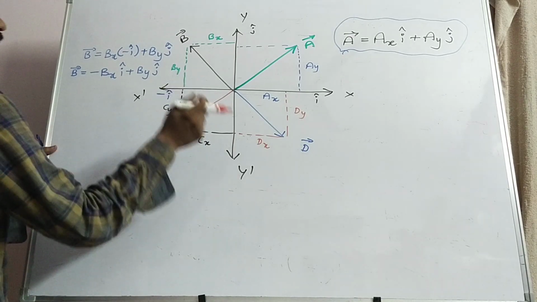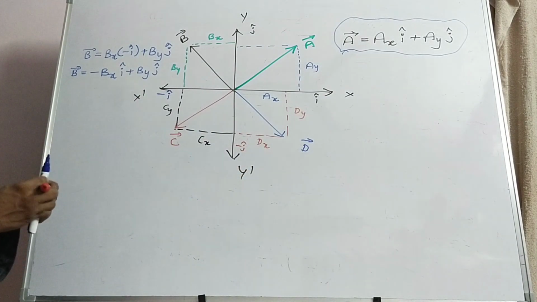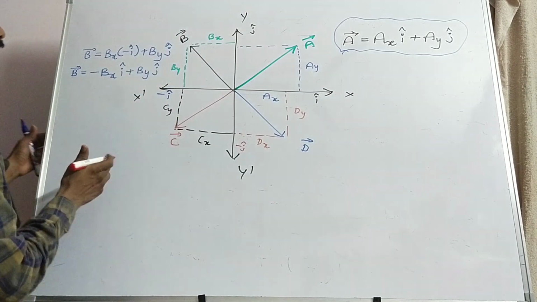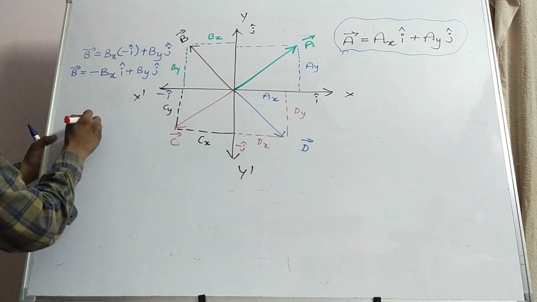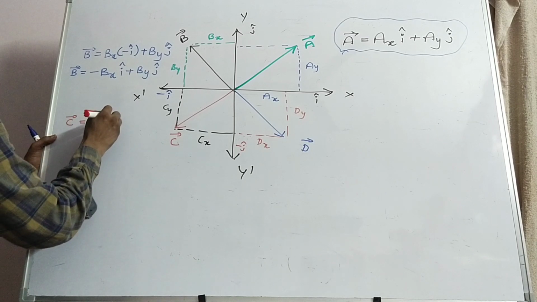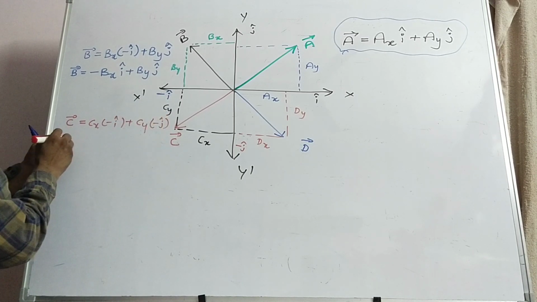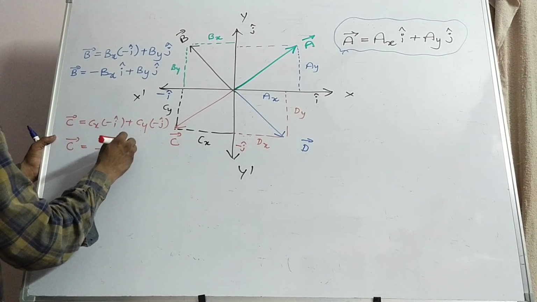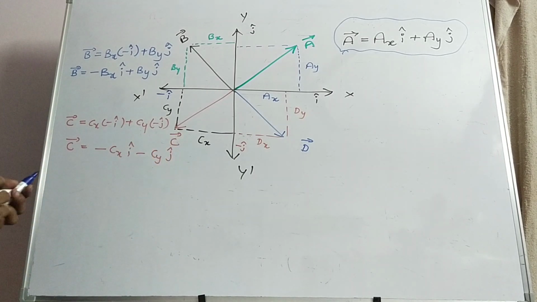Now in the third quadrant here we have vector c bar. Here we have minus i cap as well as minus j cap. In this third quadrant both x and y axis are negative only, hence c bar is equal to cx minus i cap plus cy minus j cap. So c bar can be written as minus cx i cap minus cy j cap.